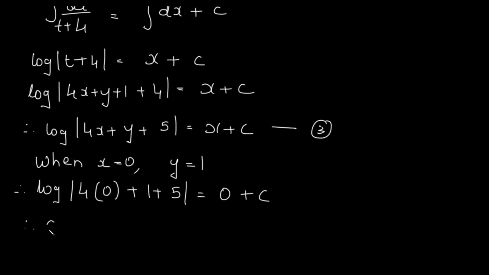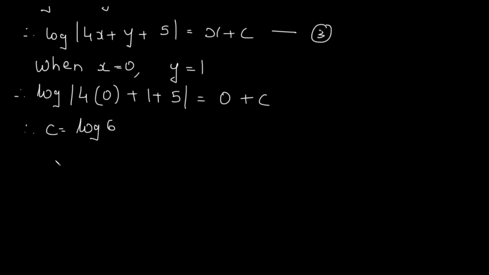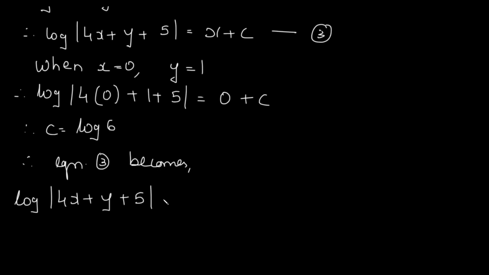So we get c as log 6 in this case. And therefore we put this value of log 6 in equation 3, and equation 3 becomes log of 4x plus y plus 5 is equal to x plus log 6.